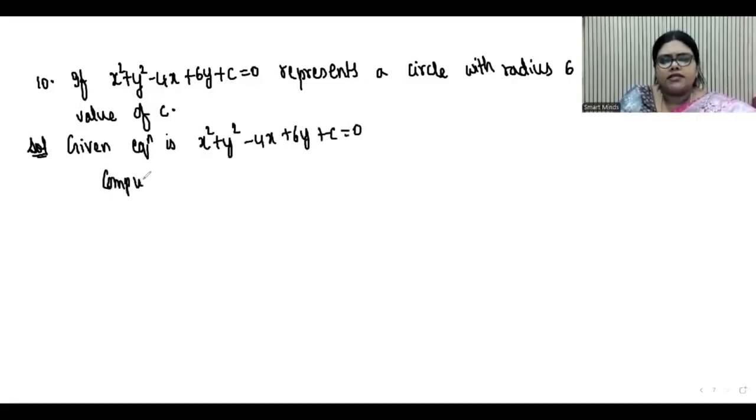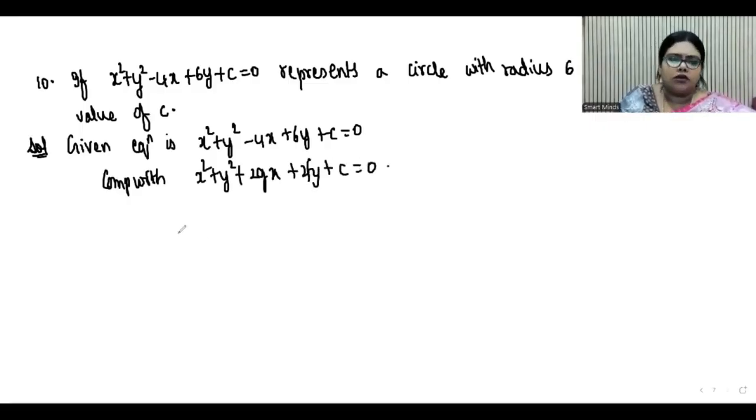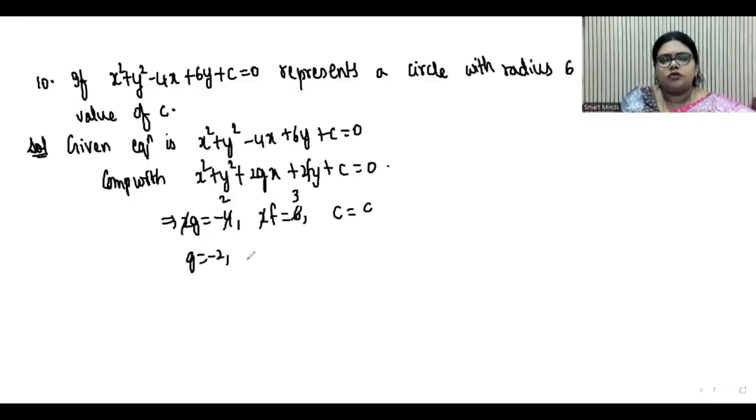Now comparing this equation with the general equation x² + y² + 2gx + 2fy + c = 0, in the place of 2g you have -4, in the place of 2f you have 6, and in the place of c you have c. So g is -2, f is 3 and c is c. Now what is given to us? Radius is equal to 6 given.